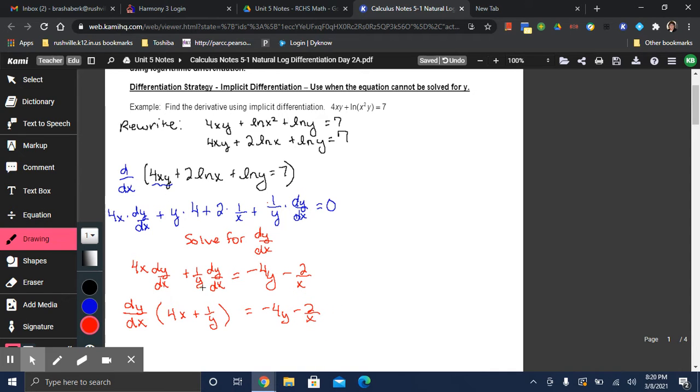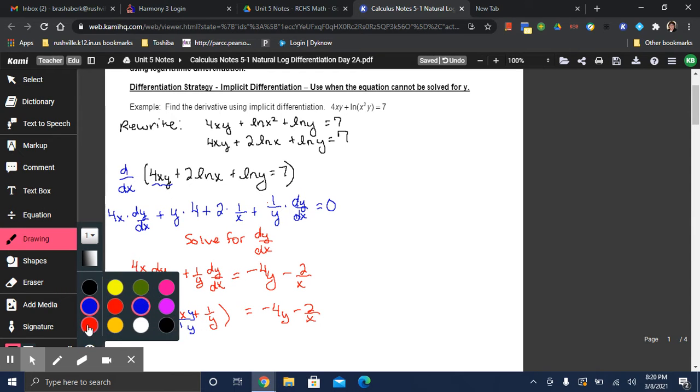And before I do my dividing or multiplying by a reciprocal, I really need one fraction here and one fraction here. So I'm going to put this over 1, multiply by y over y.